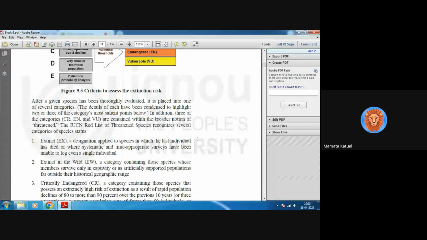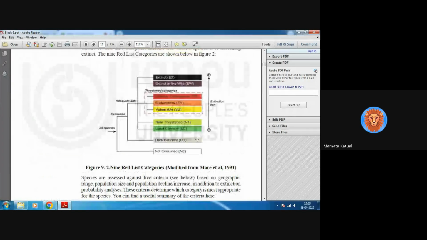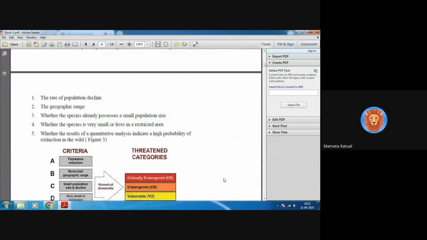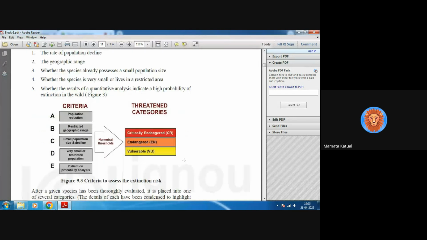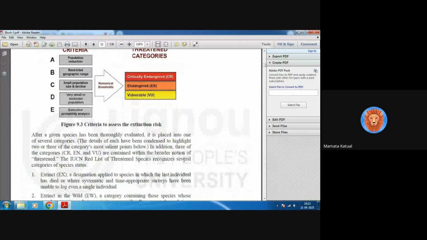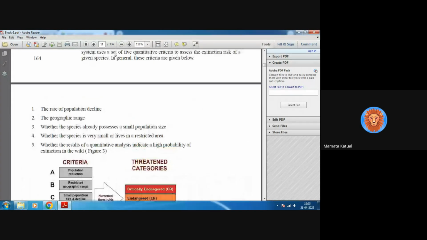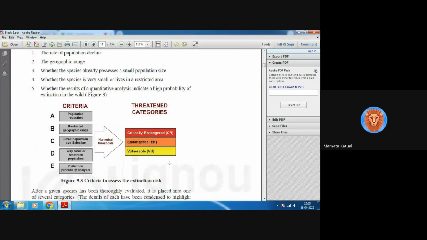If you strictly follow the categories of IUCN, there are 7 categories, and if we study regionally, then you can add one more category. So we have to study the species and evaluate as per these 5 criteria.